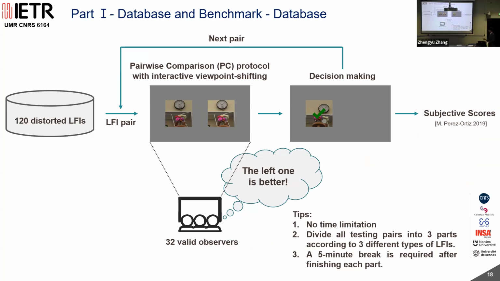In this method, the observers are provided 2 light field images, and they need to choose the one with better visual quality in their opinion. Then after obtaining the subjective opinions, we can get the subjective scores, that is, each distorted light field image has 1 subjective score.